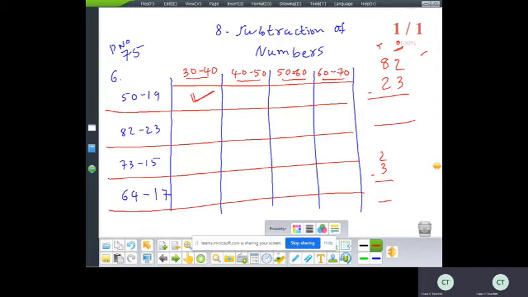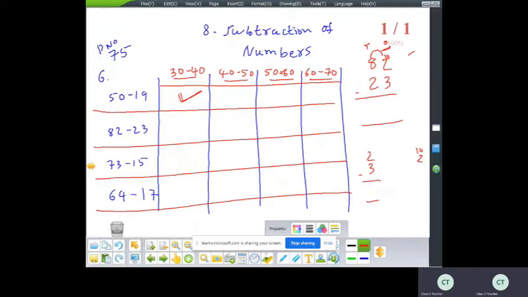We cannot take 3 from 2. Here 3 is a bigger number. We cannot take a bigger number from a small number. Subtraction is from bigger number to small number. In this time we need borrow. We take borrow from this number. Borrow means 1 ten is equal to 10 ones. 10 plus 2, 12.